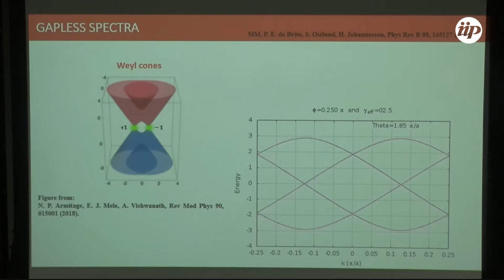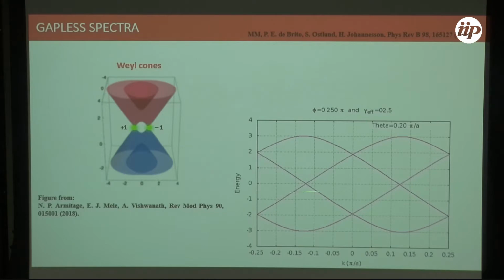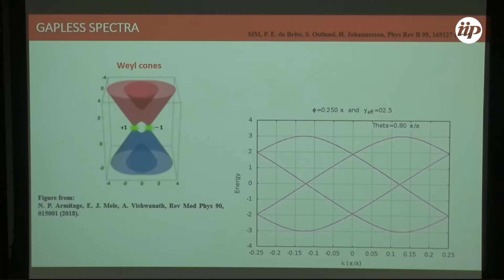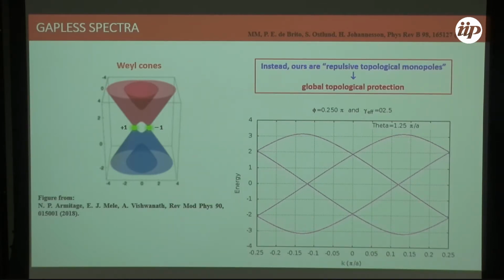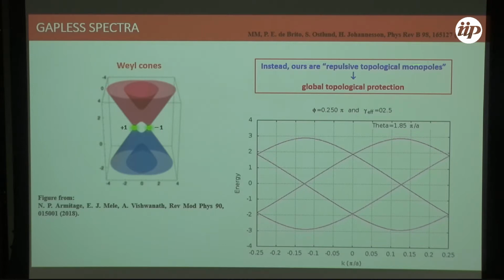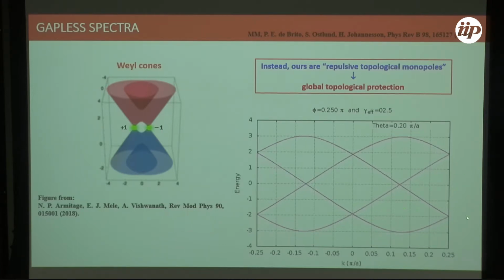In our case, what we are seeing is something similar in the sense that we have movable nodes in the Brillouin zone. However, they carry topological invariants of equal sign, which are here working effectively as repulsive topological monopoles, so that these nodes can never pairwise annihilate.